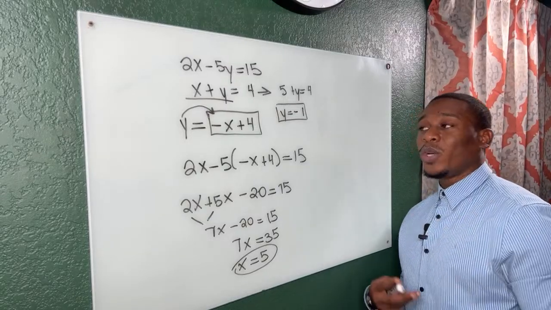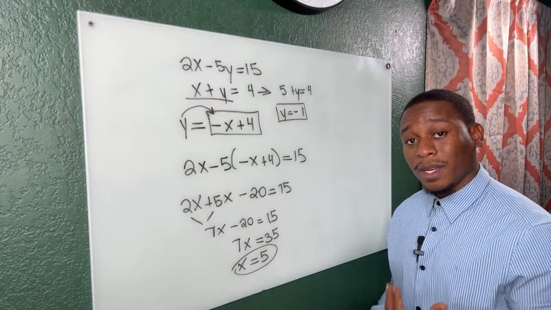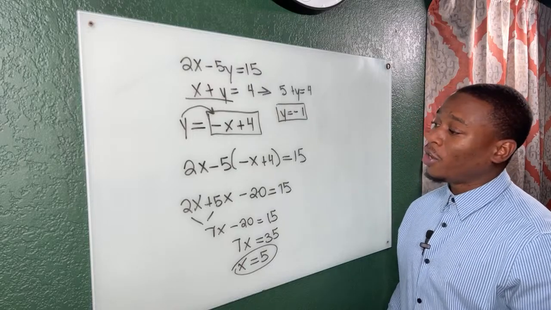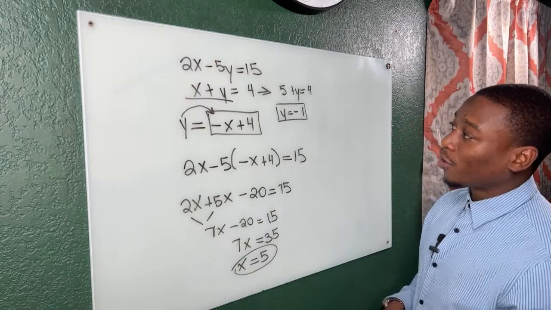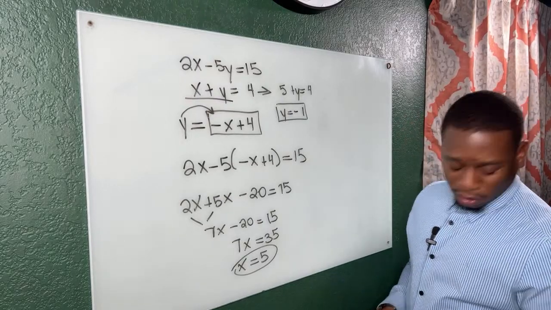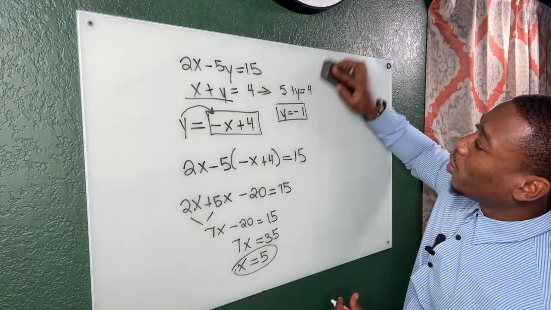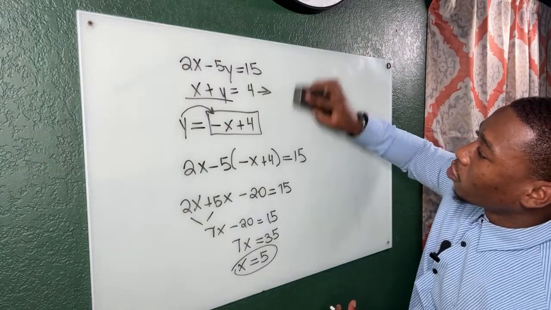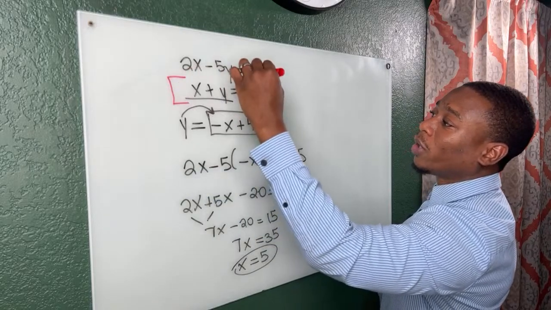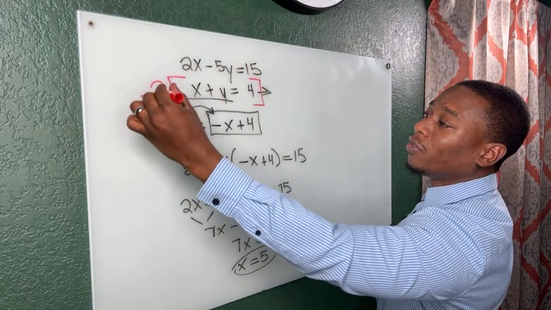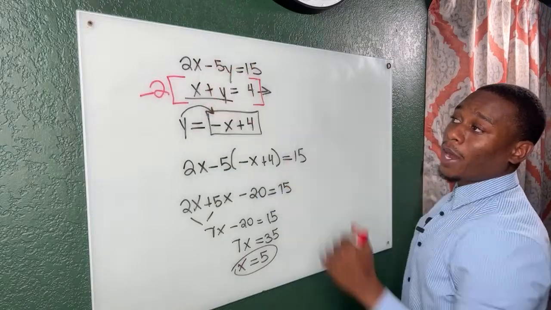So let's say that we didn't use the substitution method. That is also fine. What could we have also done? So let's say we just slide out here, right? And let's erase this so we could definitely see. So let's say we rewrote this and I multiplied this second equation by negative 2 so that I could eliminate my x.